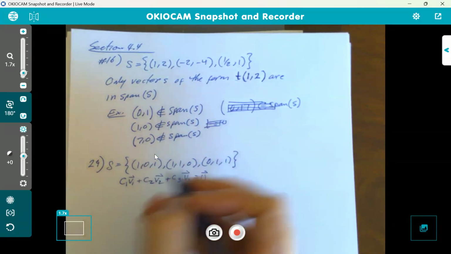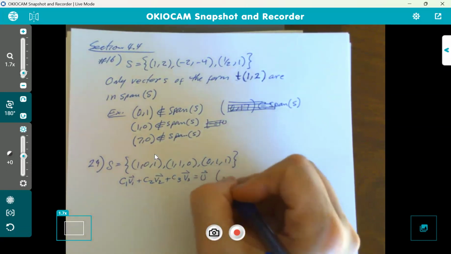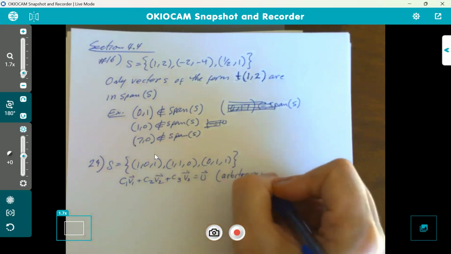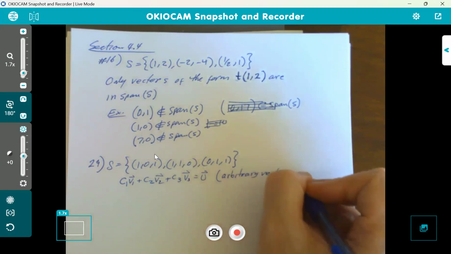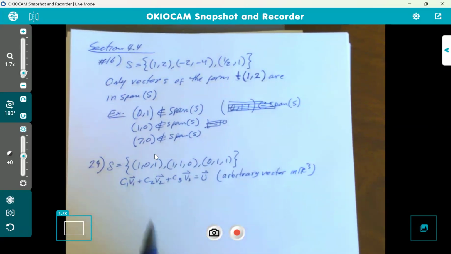Never mind. So there you go. That's just the general form of it. u here is any vector. u is an arbitrary vector in R3, so any vector you want to make up. So let's keep it with the subscripts c1, c2, and so forth.